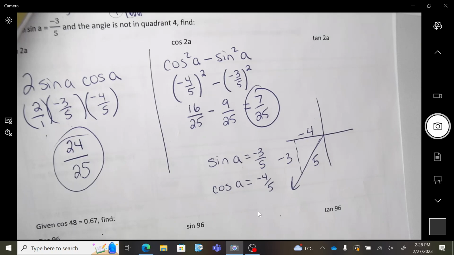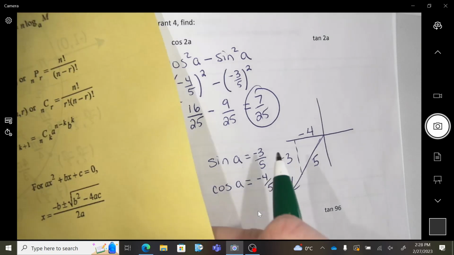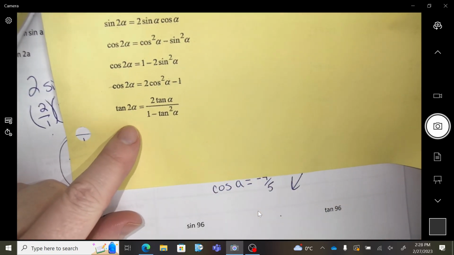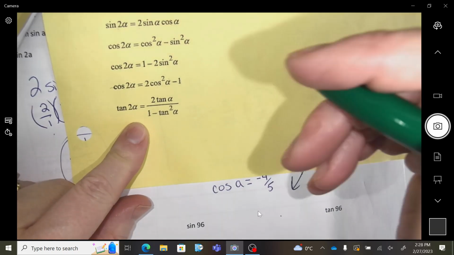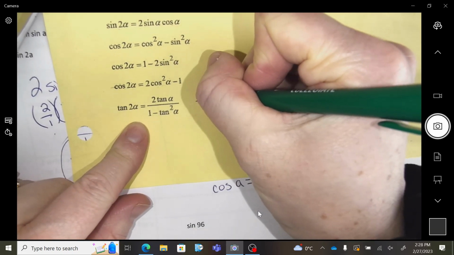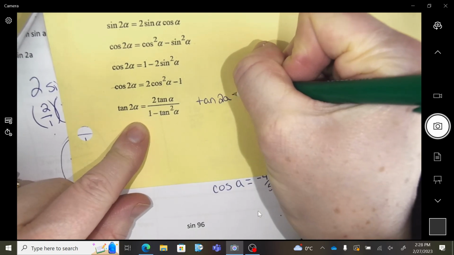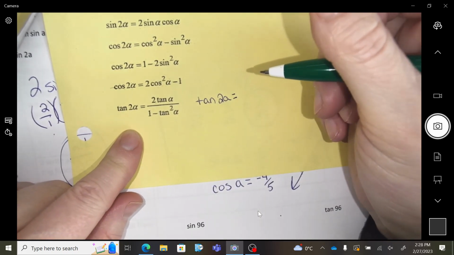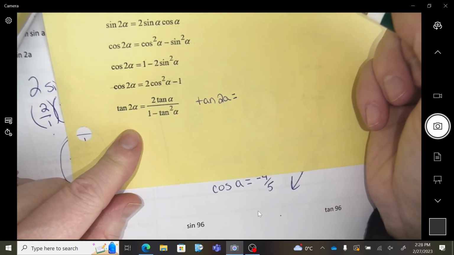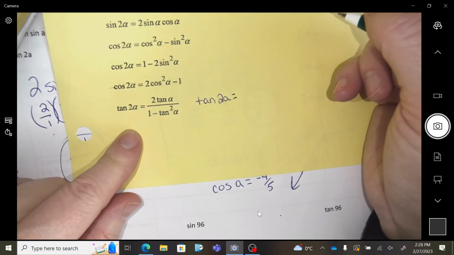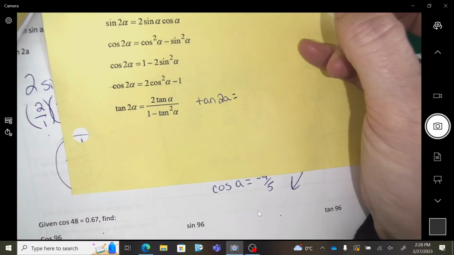Okay, so when we get to the tan of 2A, this is the formula, but I also have another thing that we're going to use. So I'm going to write this right on my formula sheet. Tan is always our y divided by our x.